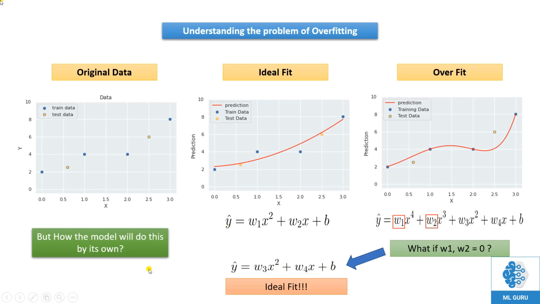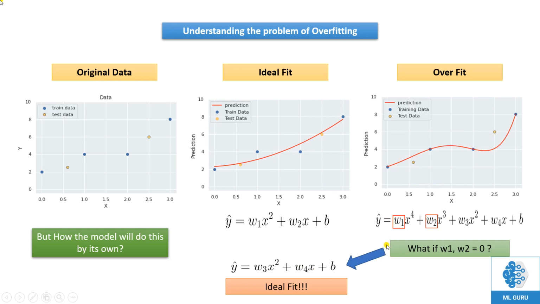So now let's see how this model by its own can set or reduce the values of these weights such that the problem of overfitting is solved. The concept here is that we are trying to convert a highly complex function into a simple function. As you can see, this 4-degree equation was very complex for this data, or it had a freedom of flexibility such that it can overfit on training data.